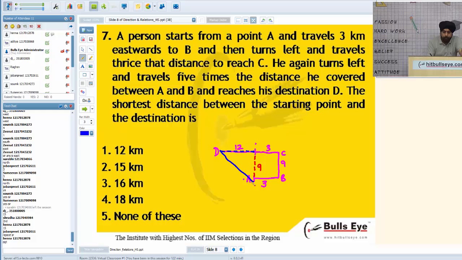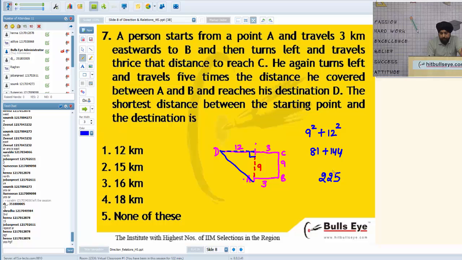So can you see here, students, that Pythagoras is applicable over here. So it is 9 square plus 12 square, it is 81 plus 144, 225, and square root of the same is equal to 15. So this 15 shall become your answer.